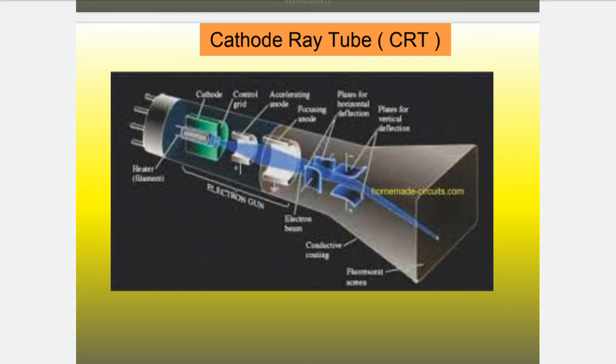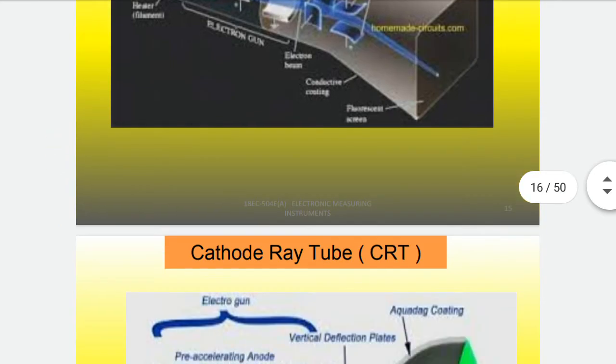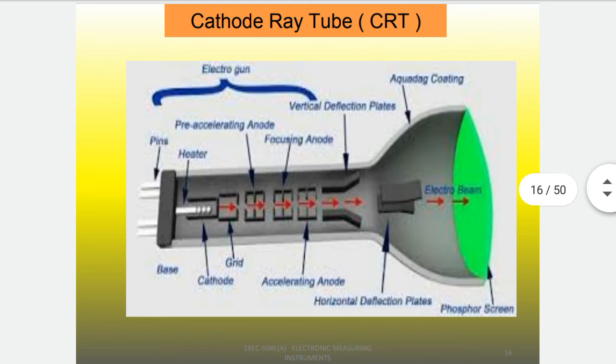And then there is the screen, with the aquadag coating. You can see in the figure the aquadag coating, vertical deflection plates and horizontal deflection plates, and the screen is made up of phosphor material.